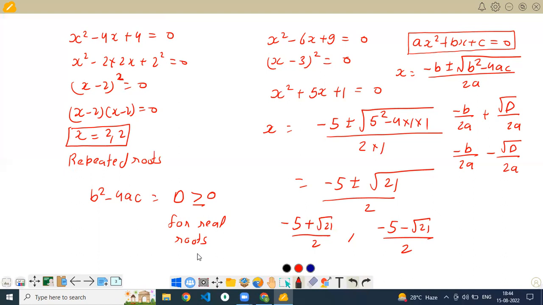Right now, we have not studied complex numbers, so we'll not go into that domain. For us, till we learn complex numbers, all the quadratic equations you solve will always have real roots. Real roots means d will always be greater than or equal to 0.